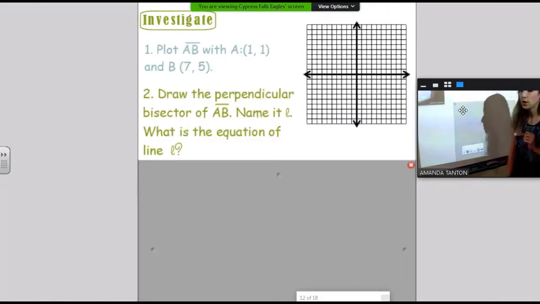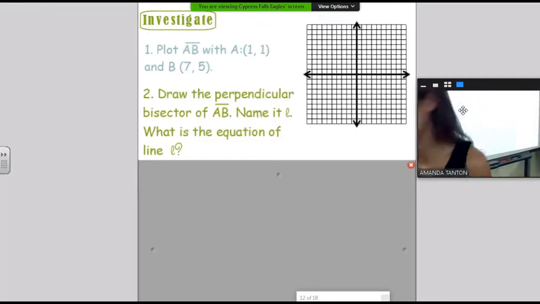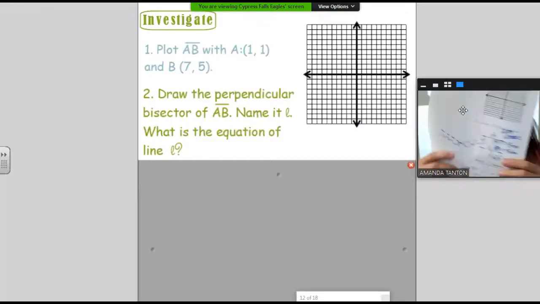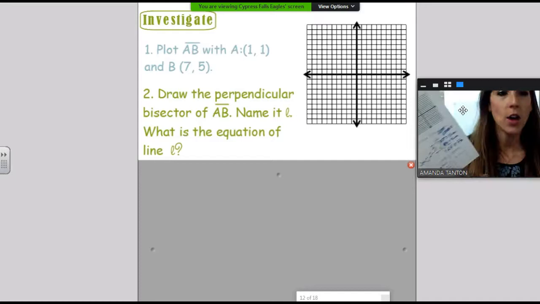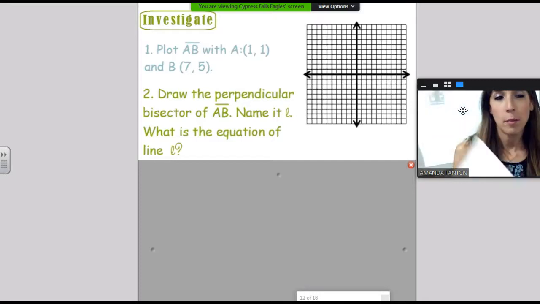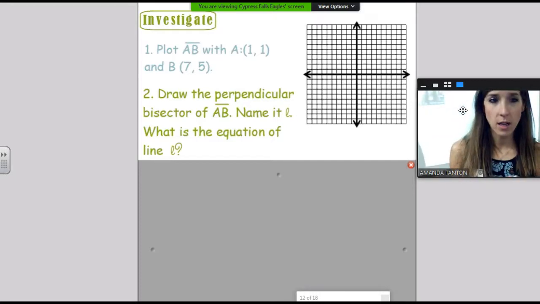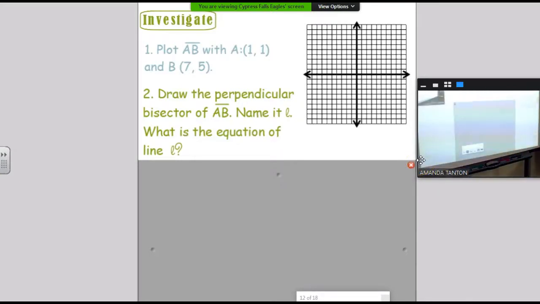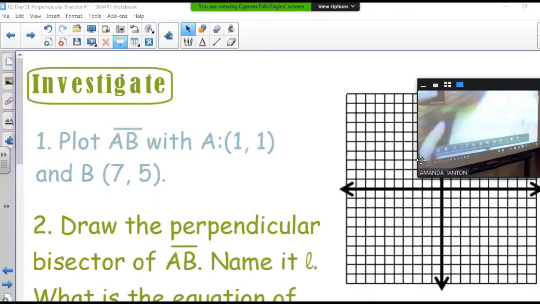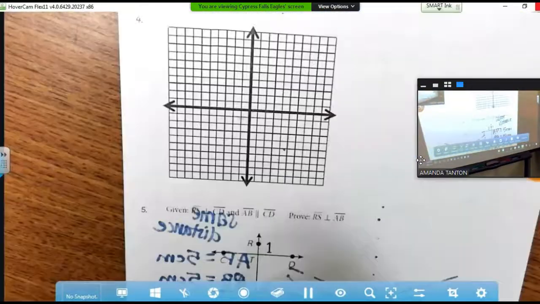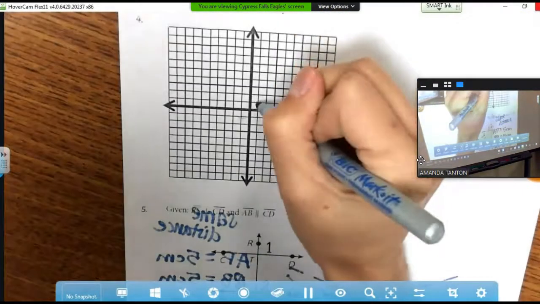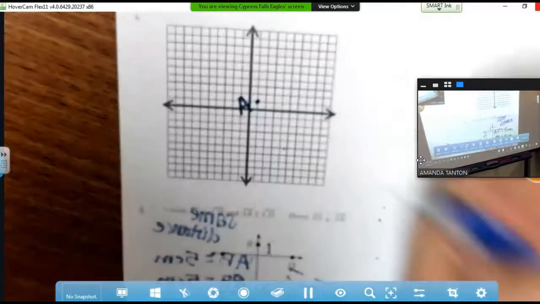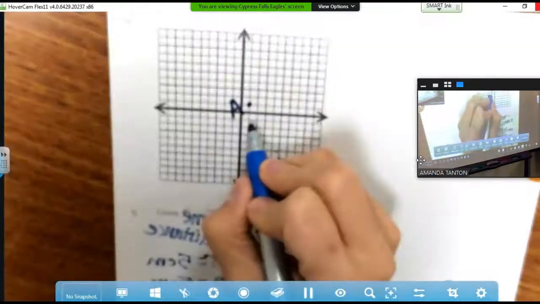Okay? So flip to the back of your notes page. Flip to the back and go ahead and plot these points. Plot A at 1, 1 and B at 7, 5. So A is at 1, 1 and B is at 7, 5.